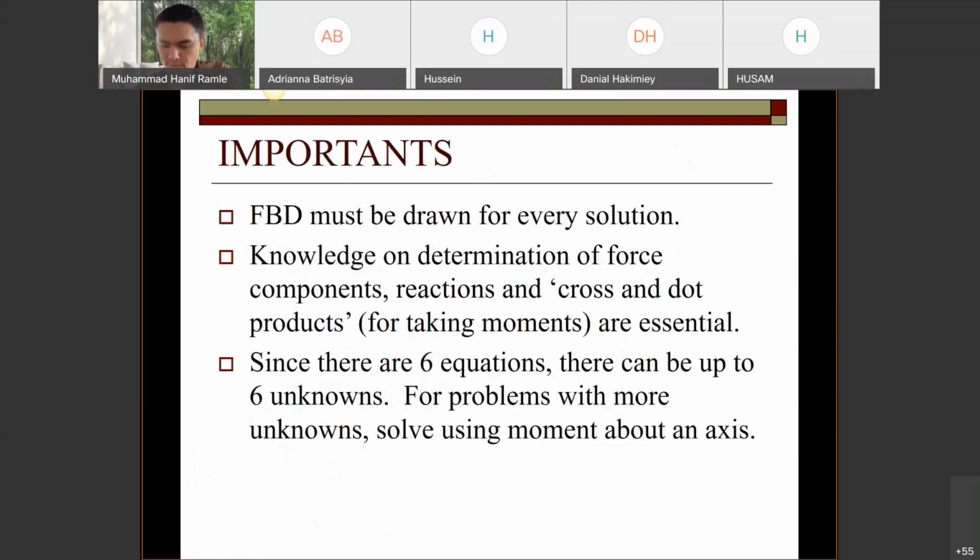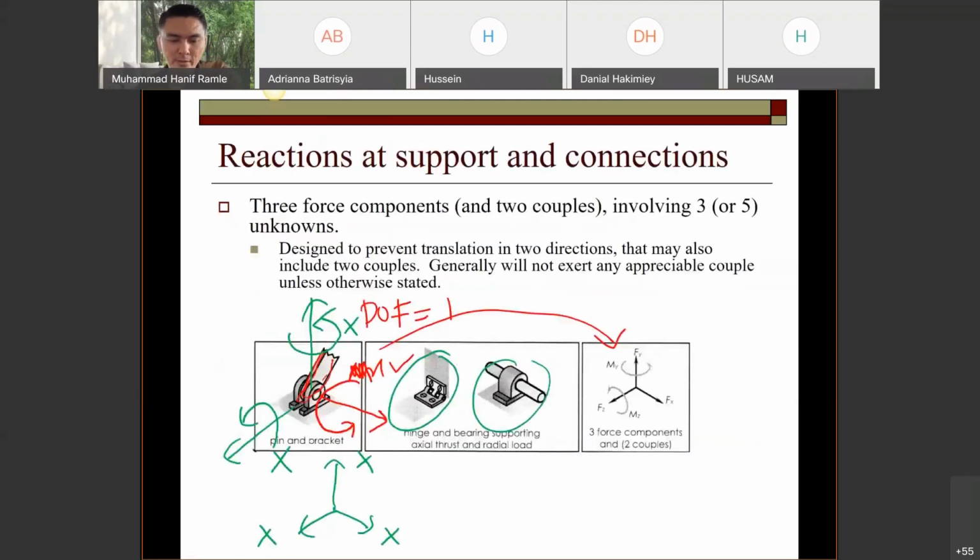I think that's it for the reactions. Basically, I have to remind again, don't memorize, but please understand. You have no need to memorize, but you have to understand the system.